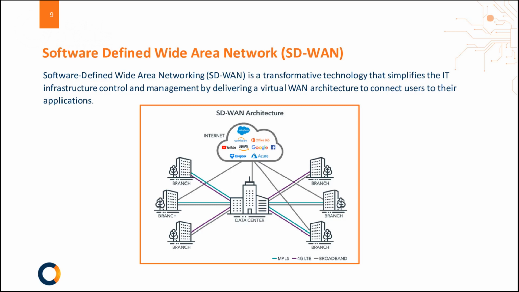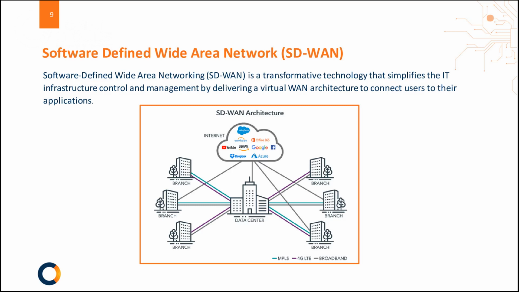So these disadvantages impacted employee productivity and user experience as well, and so it led to the emergence of SD-WAN. So what is SD-WAN? SD-WAN is a transformative technology, and it simplifies IT infrastructure control and management by delivering a virtual WAN architecture to connect users to their applications.